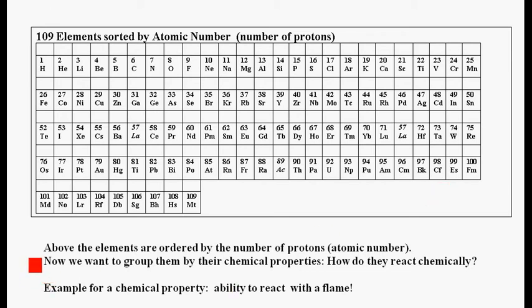Now we want to group these elements by their chemical properties. That is, we want to ask the question, how do they react chemically? One example of a chemical property is the ability to react with a flame.